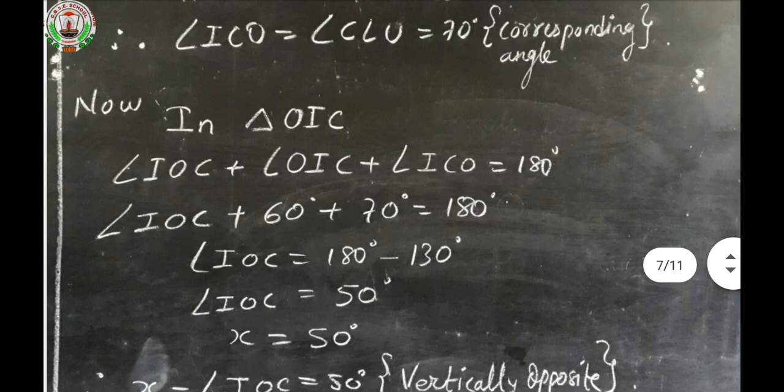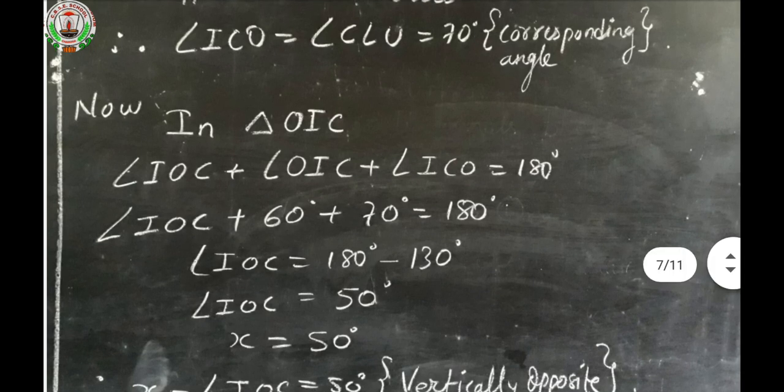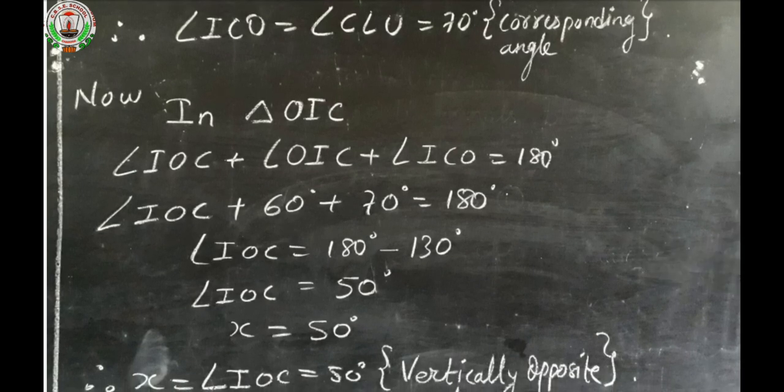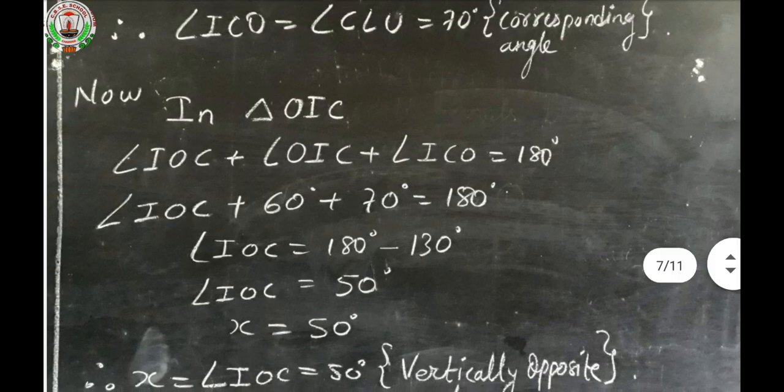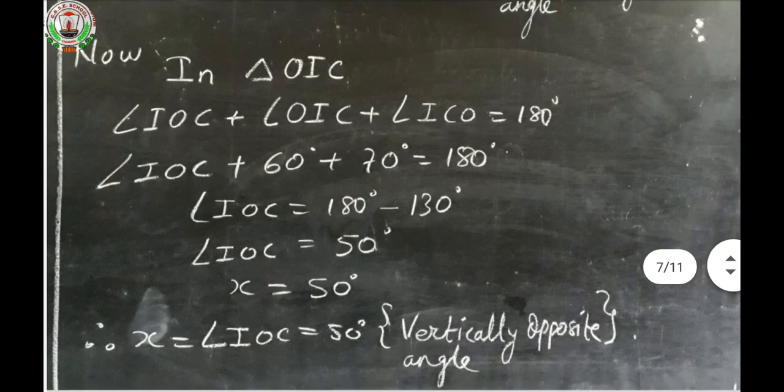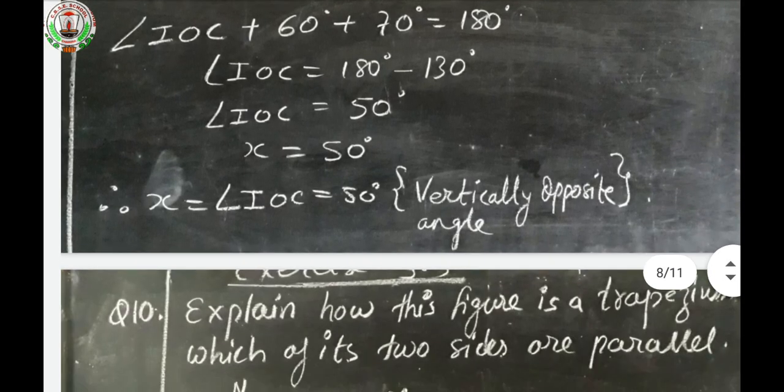Therefore angle IOC will be equal to 50 degrees. Where the value of IOC is X, that is 50. So now we can see that angle X is vertically opposite there, isn't it? So angle IOC is equal to X, that is equal to 50 degrees. So have you understood, everyone?